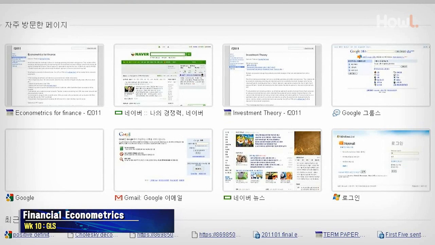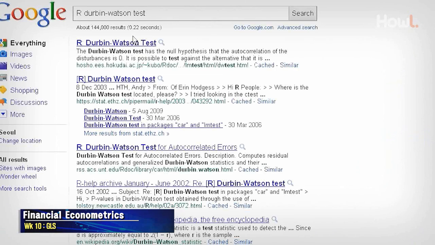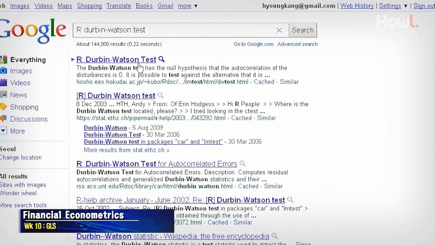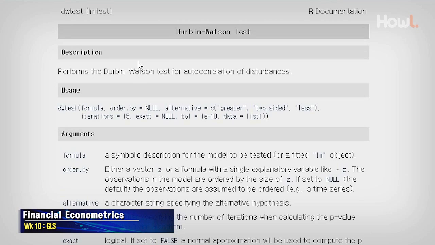So R, DW test. So the DW test formula performs the Durbin-Watson test for autocorrelation of disturbances.